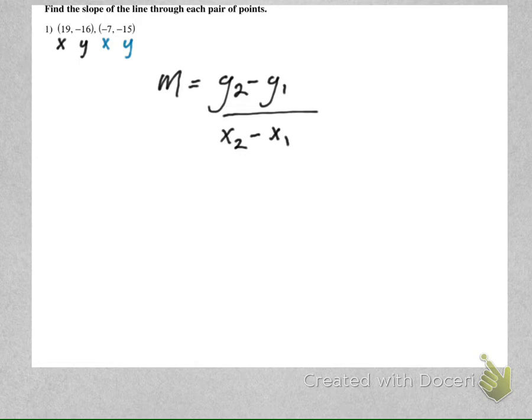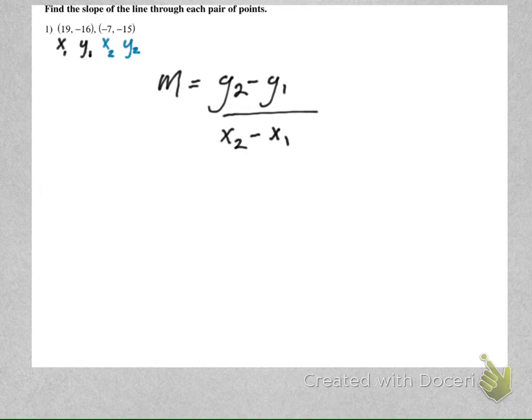So in the case of this, we'd say this is x1, y1. And then the other one we would refer to as x2, y2. Basically, the first point has an x value of 19 and a y value of negative 16, and the second point has an x value of negative 7 and a y value of negative 15.